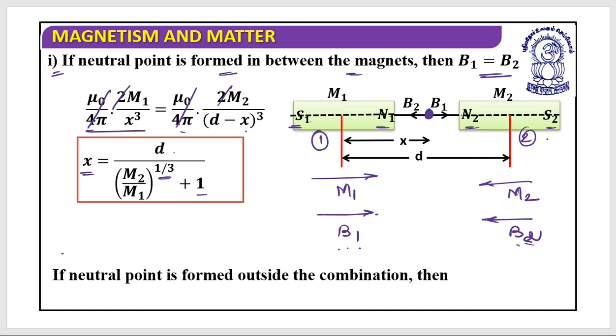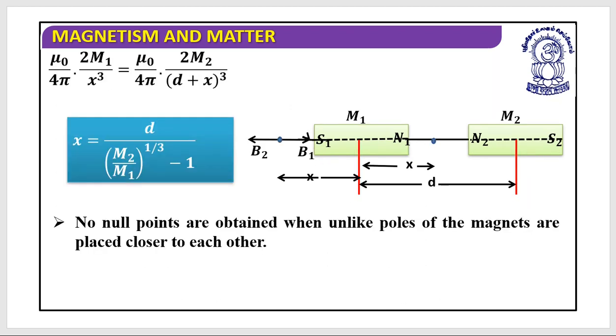Now let's discuss the second case. If a neutral point is formed outside the combination, then what would be the situation? Let's suppose this is the location where the neutral point is going to be formed. In this situation, it's mu naught by 4 pi into 2m1 by x cube, that would be equal to, for this distance which will be d plus x, mu naught by 4 pi into 2m2 divided by d plus x whole cube.